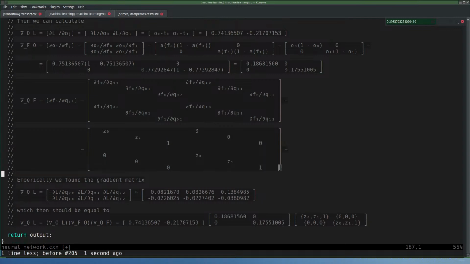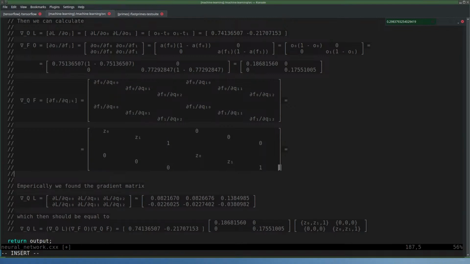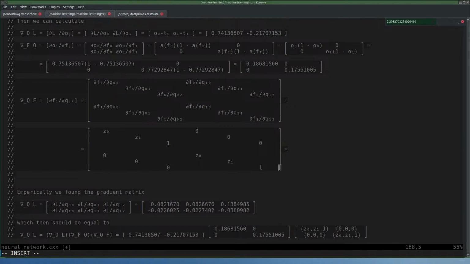Empty line. And then that, and you get Z0.